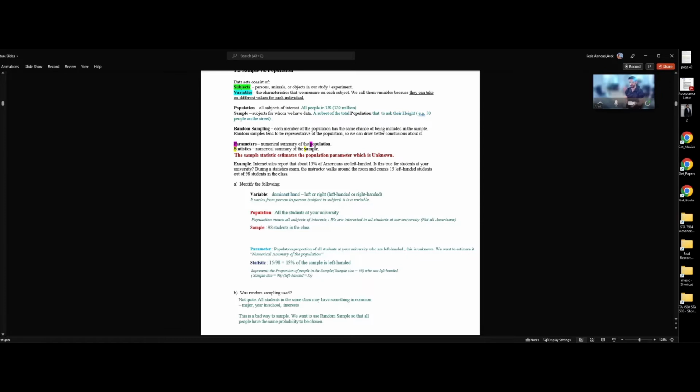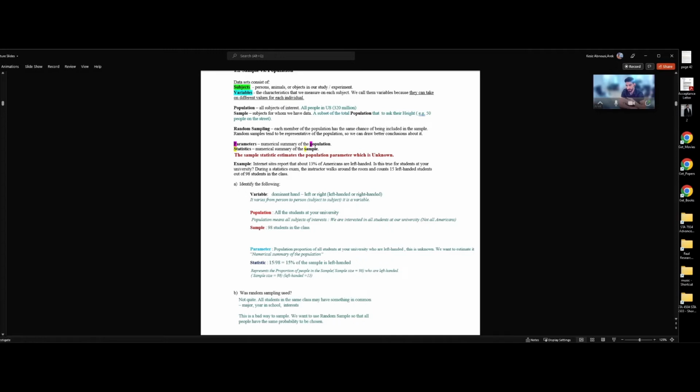They are in the same year, right? Because they are taking the same exam. So this is not random sampling, because we didn't sample randomly from the entire university. They are all from our major, our year, and most likely they might even have the same interests. So this is actually a very bad way to sample.